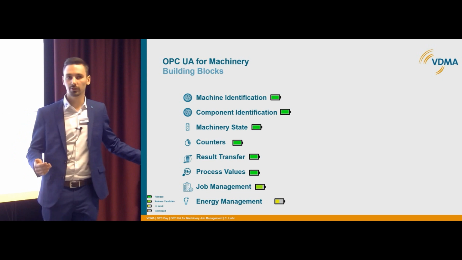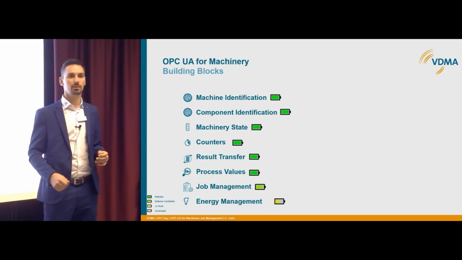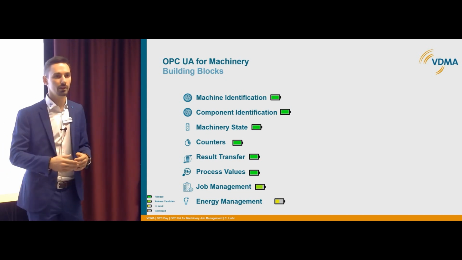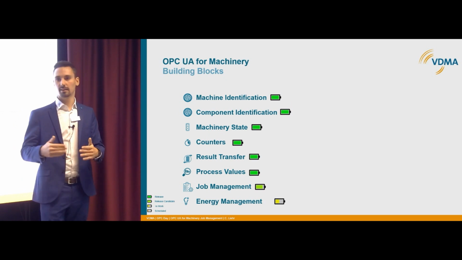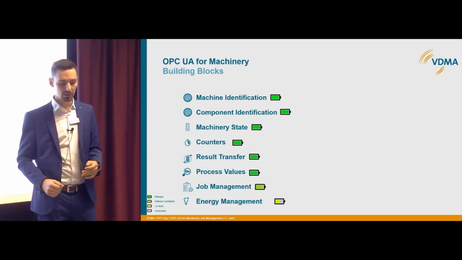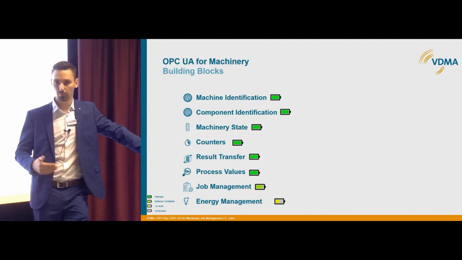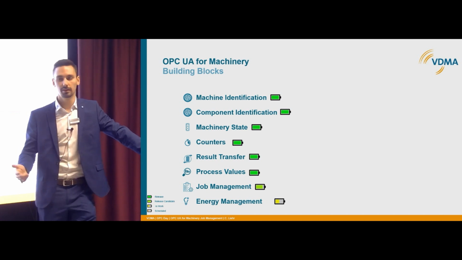As you notice, it's a very basic state machine, but if you want to use it in your companion specification or in your vendor-specific information model, then you can extend single states. A good example at this point is the companion specification for extrusion from the plastic and rubber industry. They extended the state of executing with some substates.